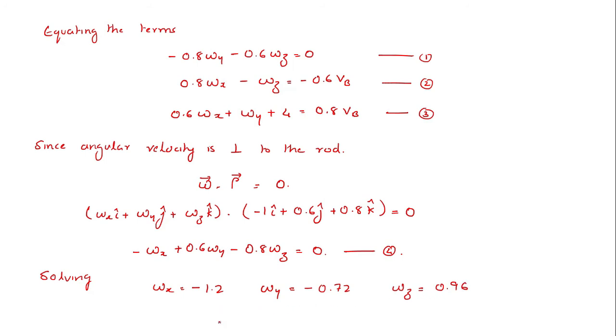So as such, I can say omega vector is equal to minus 1.2 i cap minus 0.72 j cap plus 0.96 k cap. And if you solve this equation, you will also get velocity Vb is equal to 3.2 meter per second.